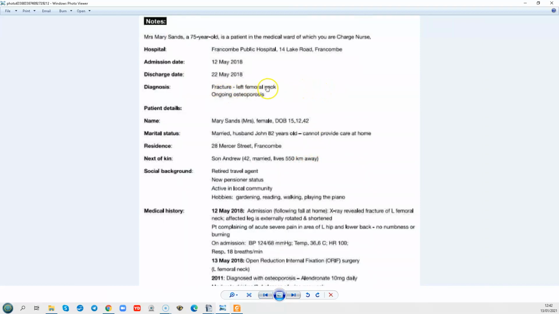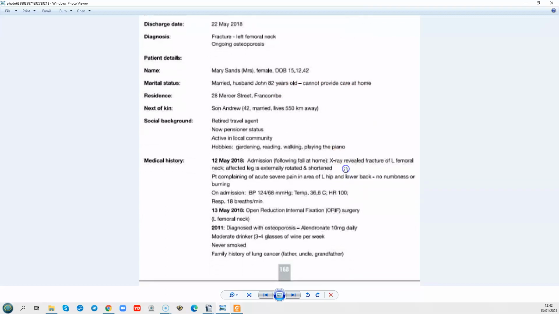If you think about it, what the nursing home, now if you look at this, okay. So the fracture, okay, ongoing osteoporosis, so they would need to know that. Now, they might want to know this. Where is a husband? Well, he's 82, he cannot provide care. So I would have included that, because it's the manager of a nursing home. They might want to know about family. Are family going to be able to come?